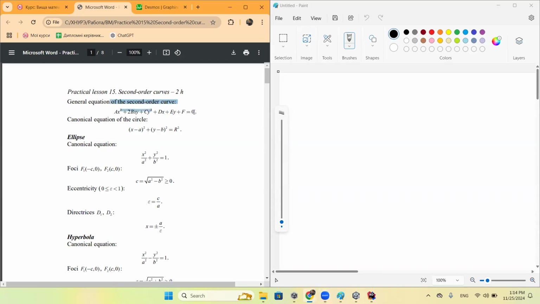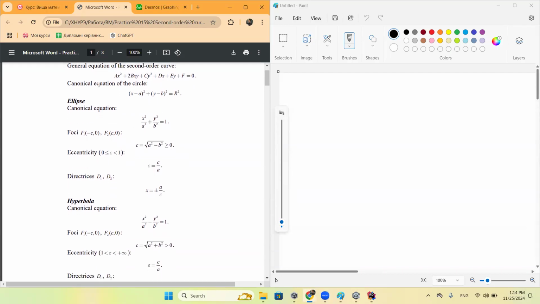This is the general equation of the second order curve. Basically, it's a quadratic form in the general form which depends on two variables. This is the canonical equation of the circle, where a and b are coordinates of the center, and R is the radius.